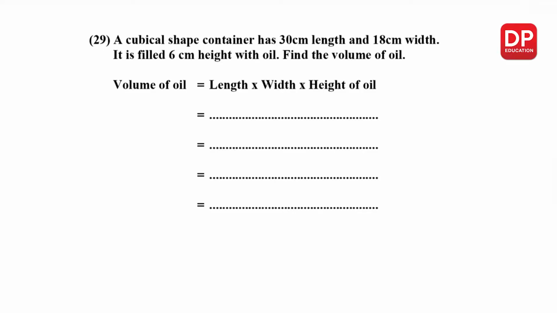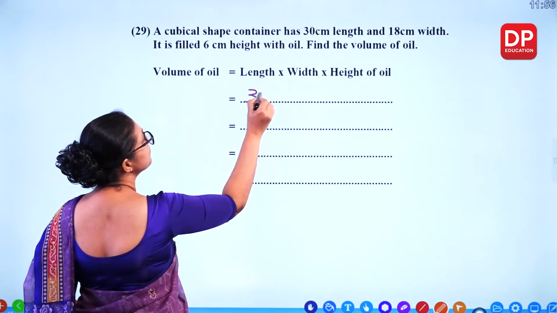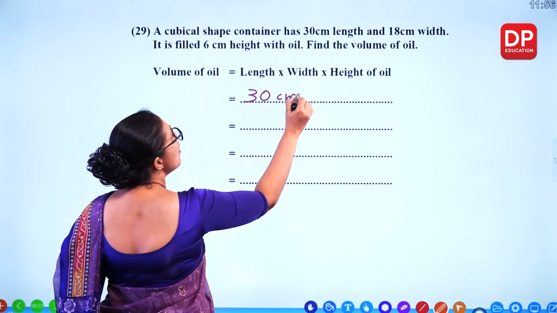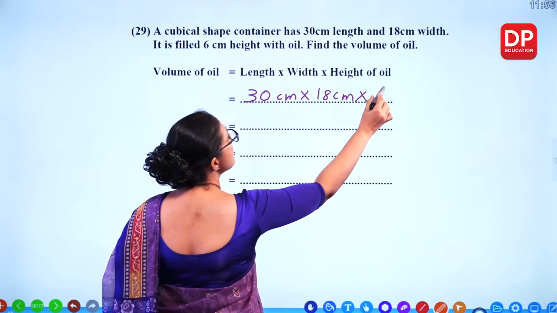Look at this question. A cubical shaped container has 30 centimeter length and 18 centimeter width. It is filled 6 centimeter height with oil. Find the volume of oil. Length is 30. Width is 18 and height is given 6.